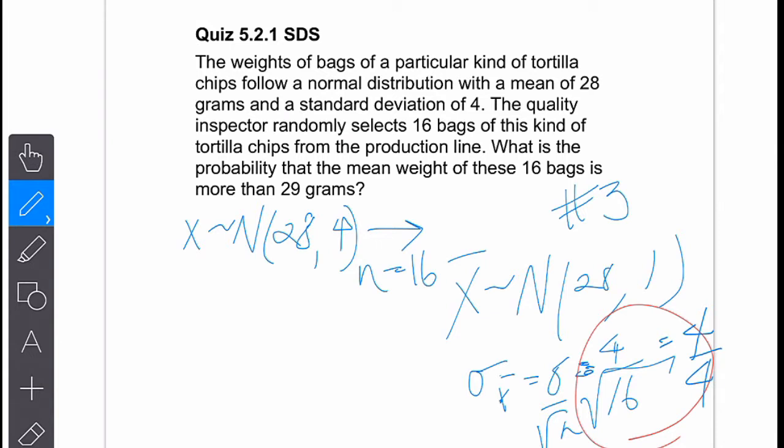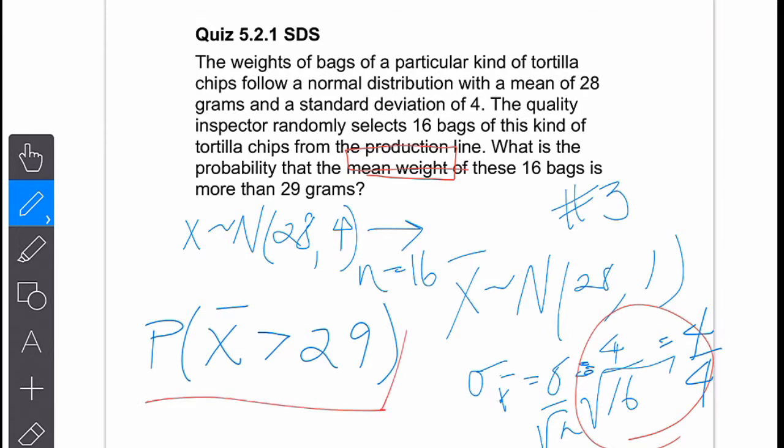And then what you want to answer is, what is the probability that the mean weight, so this is the key word, you're working with the mean weight of these 16 bags is more than 29? So you want the probability that the mean is greater than 29. I'm not going to do it, but that's what you want to solve. Okay, so that's the setup there.